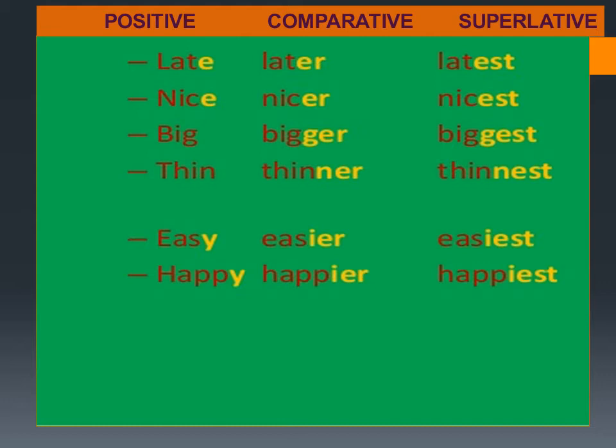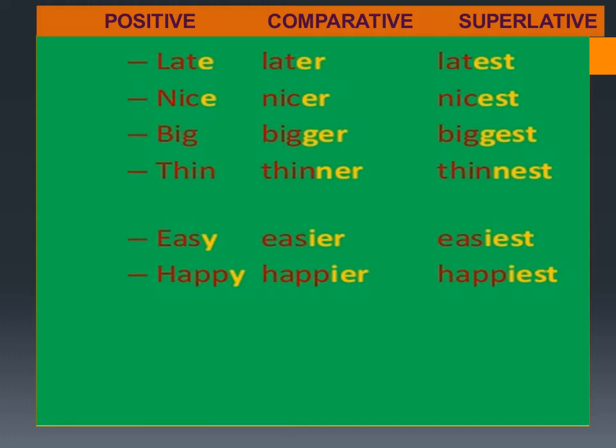So that becomes nicer. And to make it into superlative form, E is dropped and EST is added. Nicest. This is how adjectives ending with the letter E change into comparative and superlative forms.